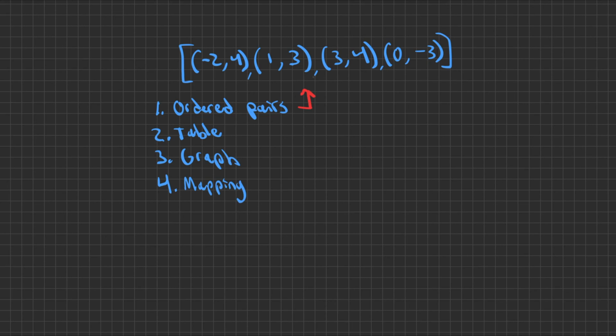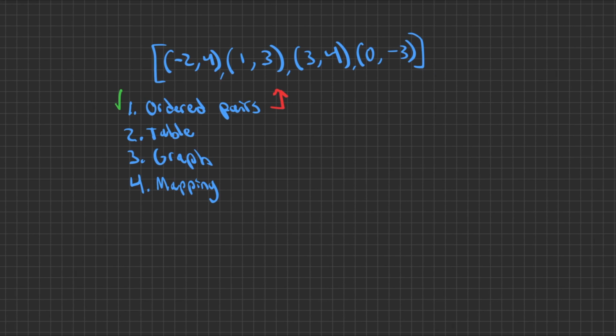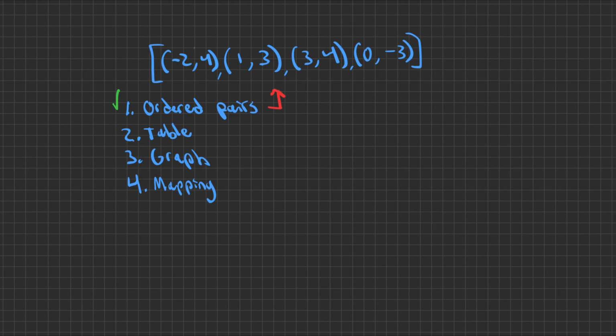All right, so here we already have the list of ordered pairs. So that's the first way done. Let's try using a table. So if we want to describe this list of ordered pairs using a table, we'll simply start with an X and a Y. Make some boxes here. All right, so this first ordered pair right here, when X is -2, Y is 4.